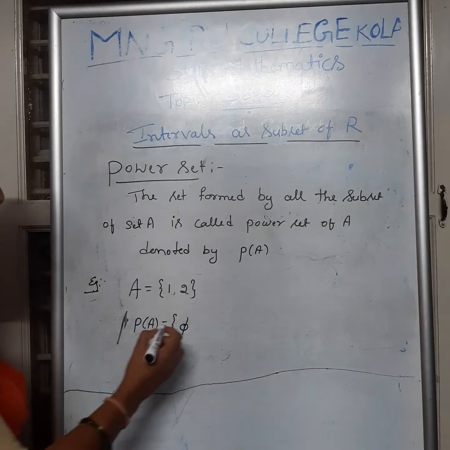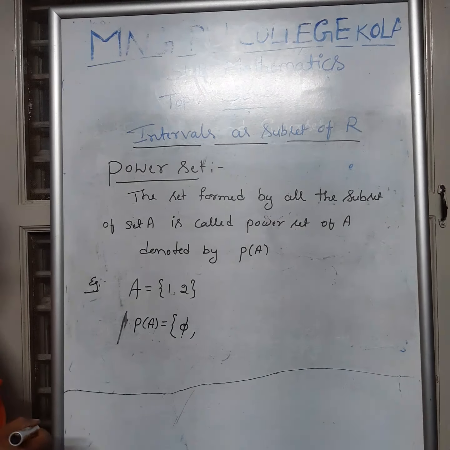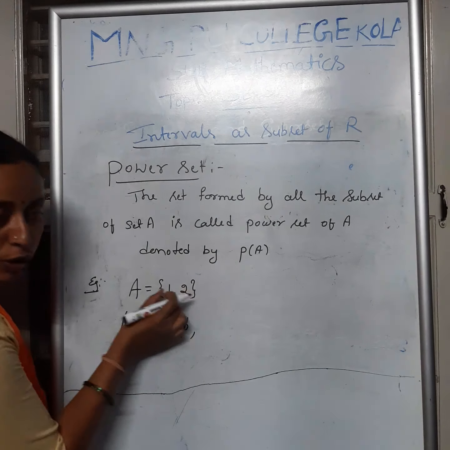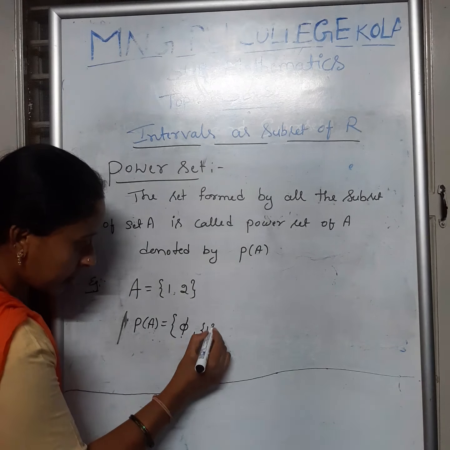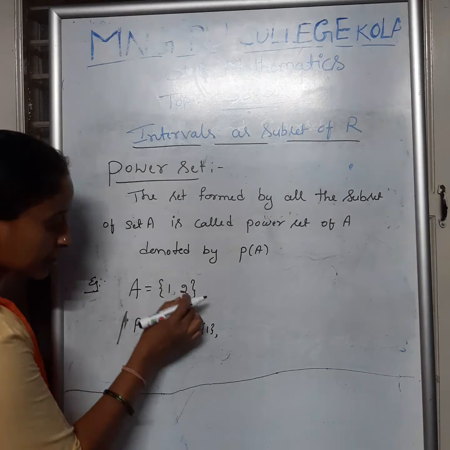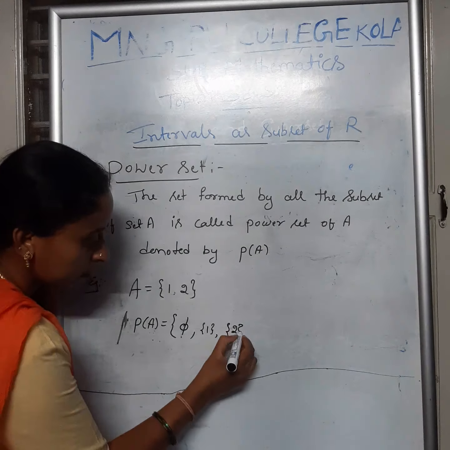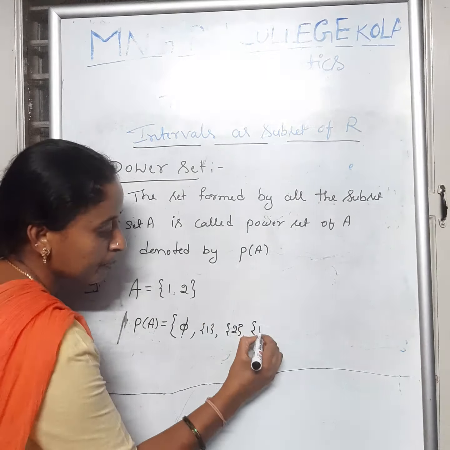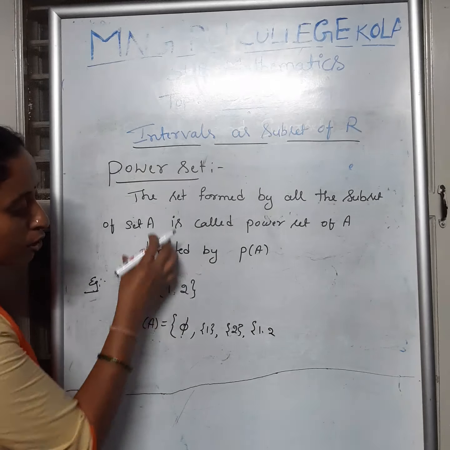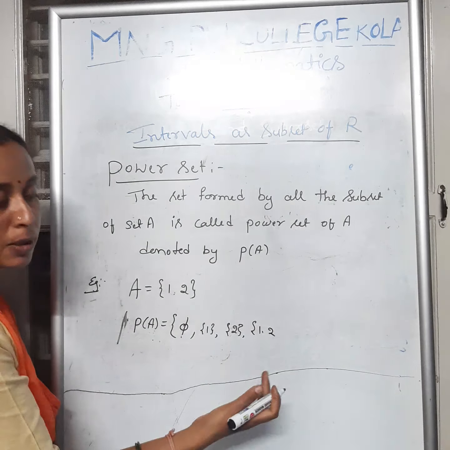Then we take each single element as one subset. First 1, this is one subset, and next 2, this is one subset, and the self subset, both 1 comma 2, we take as it is.